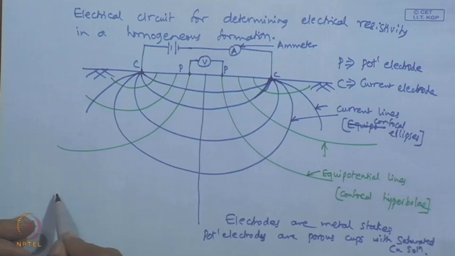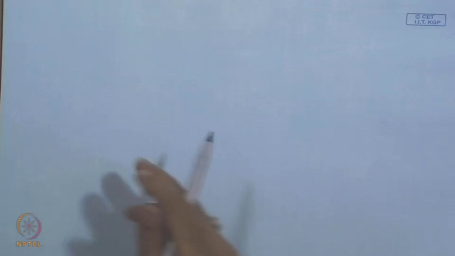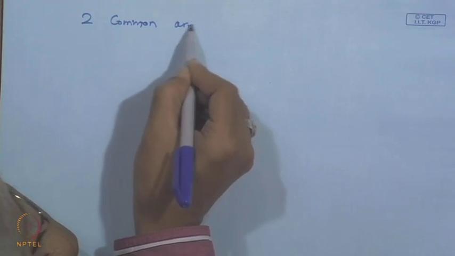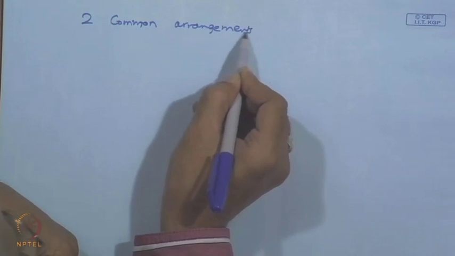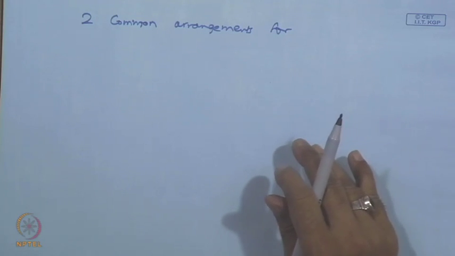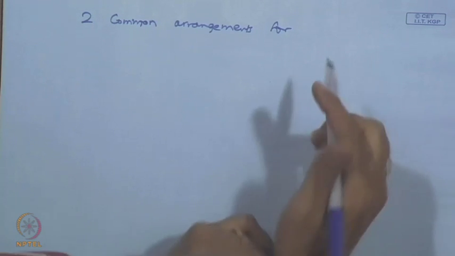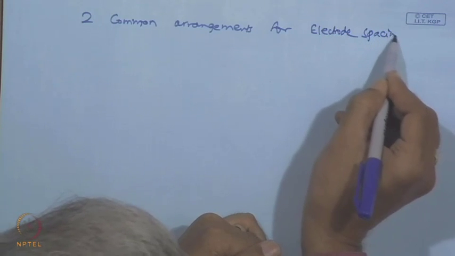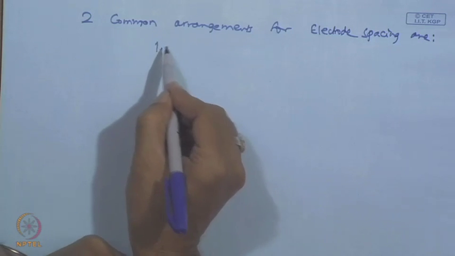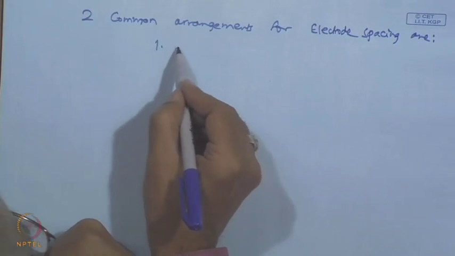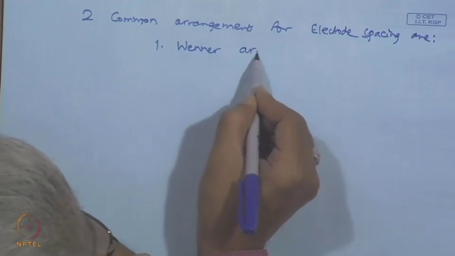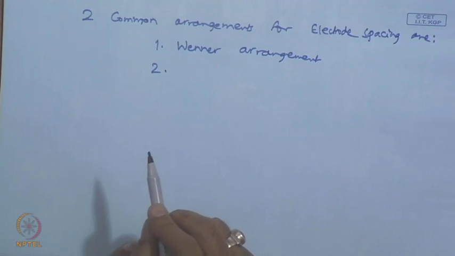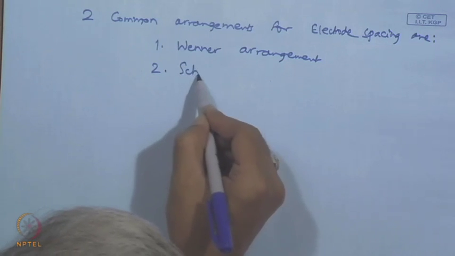The two common arrangements for electrode spacing for electrical resistivity are: 1, the Wenner arrangement, and the second one is the Schlumberger arrangement.